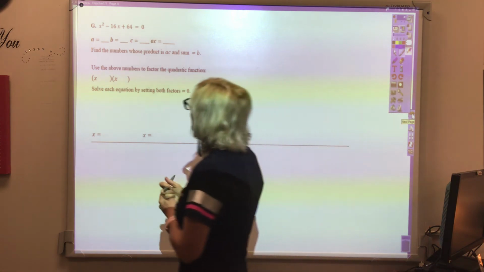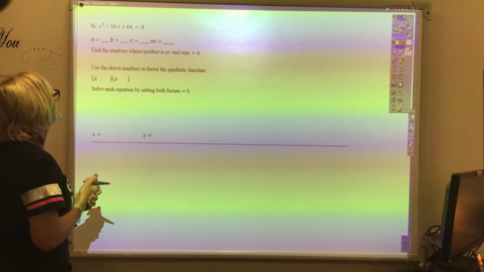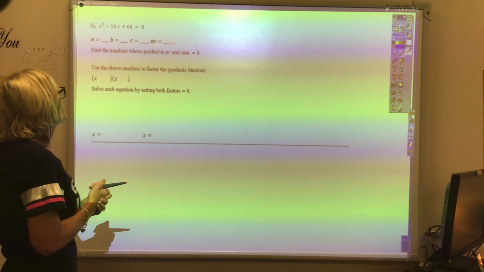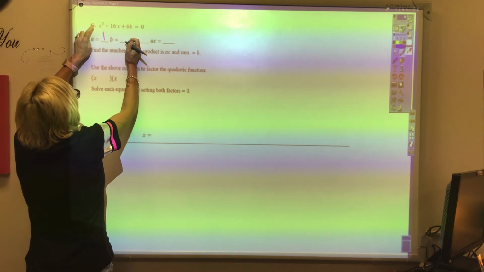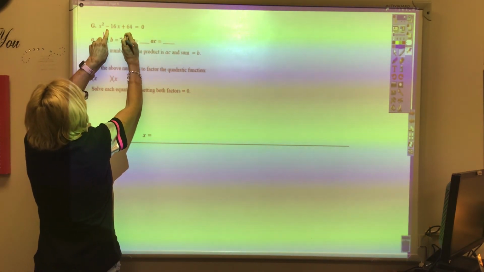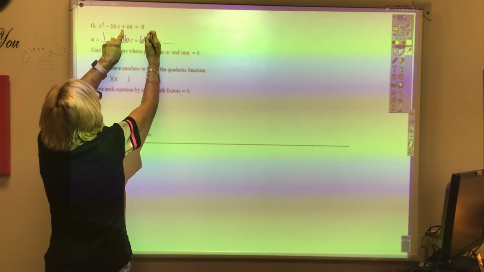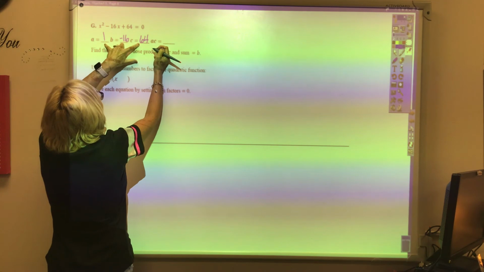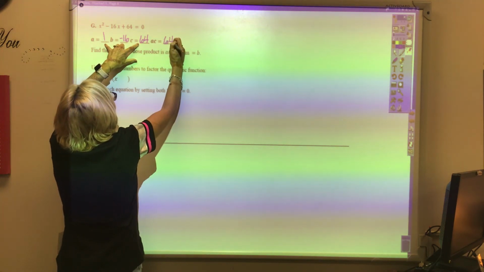Okay, another example. This time we've got x squared minus 16x plus 64 equals 0. a is 1, b is negative 16, and c is 64. We multiply a and c together. 1 times 64 is 64.